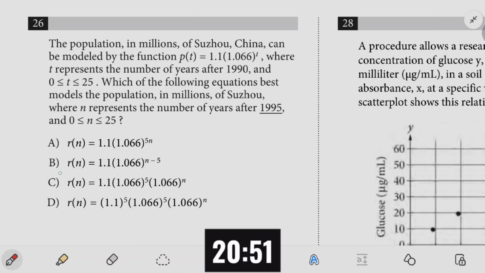No, it can't be this. So, okay. So 1.1 has to be equal to... oh, this makes sense, one of these.